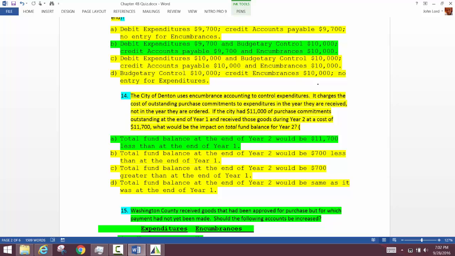If the company had 11,000 purchase commitments outstanding at the end of year 1 and received those goods during year 2 at a cost of 11,700, what would be the impact on the fund balance for year 2? And we say that the total fund balance at the end of year 2 would be 11,700 less, wouldn't it? You had to go through a lot of hellfire to get there, but that's the answer, isn't it?